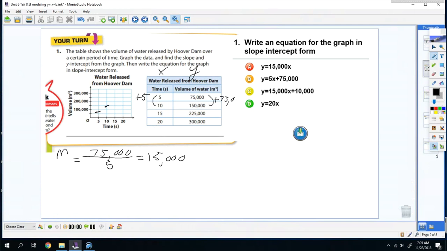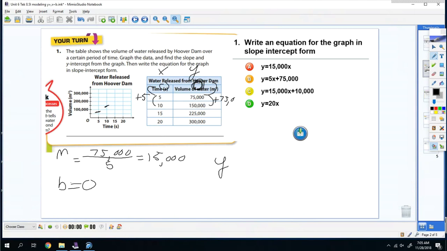And that's your slope. Now I need to find my y-intercept. This time I don't know where x is 0, but I've taught you in the past that we can follow this pattern. For every 5 I go up 75,000 on y. So if I go down 5 and make x 0, I go down 75,000 on y, and that happens to be 0 as well. So my b would be 0.